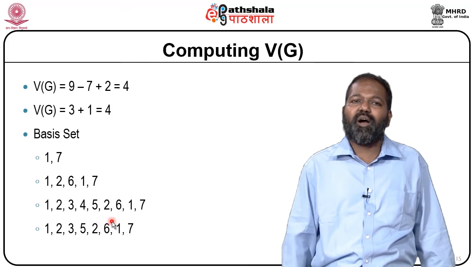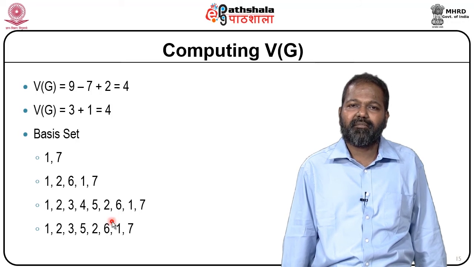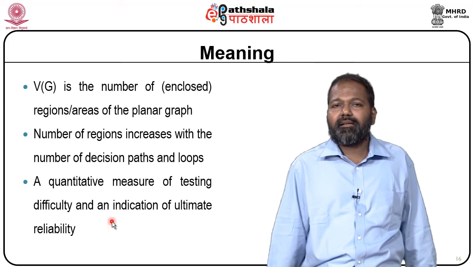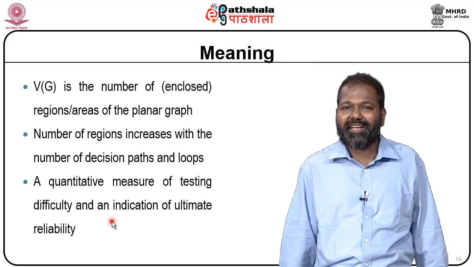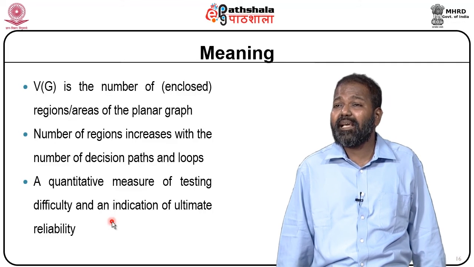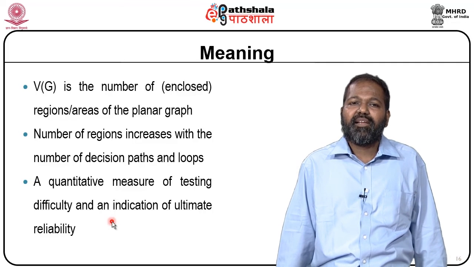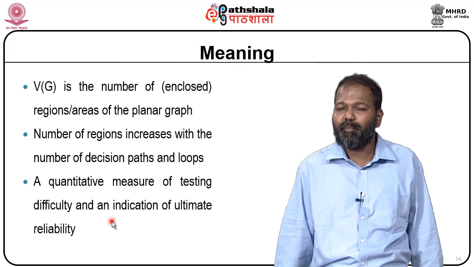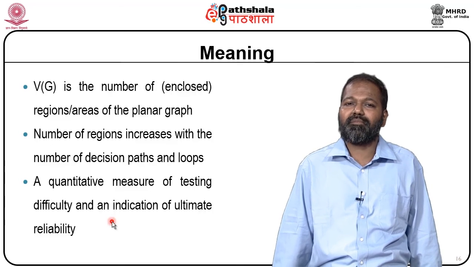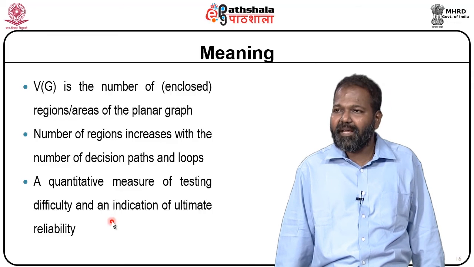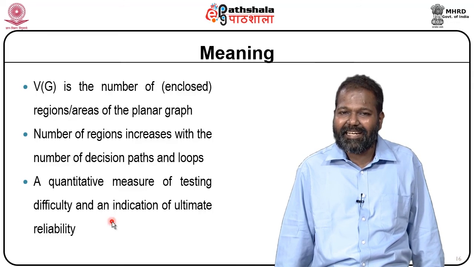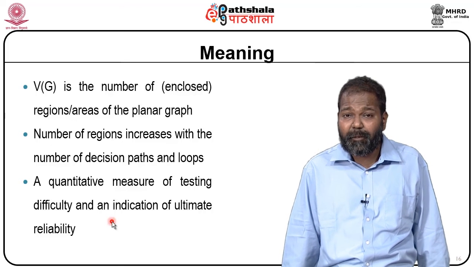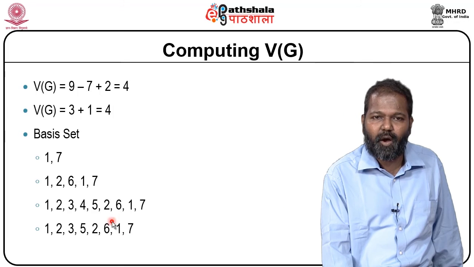I believe you would have understood how to compute cyclomatic complexity. V of G is the number of enclosed regions or areas of the planar graph. The number of regions increases with the number of decision paths and loops. It is a quantitative measure of testing difficulty and an indication of ultimate reliability.